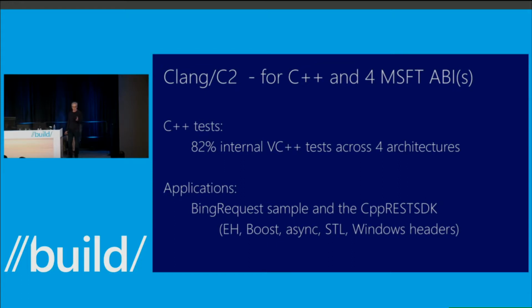And we're at a point right now where we've got 82% of our internal testing working. That's a pretty substantial thing for all four architectures that we target. We also have brought up, going deep, a lot of applications that actually test things asynchronously. You can't really feel where you are in the project and predict milestones unless you're doing things like this Bing demo, which actually pings bing.com through a RESTful set of APIs.